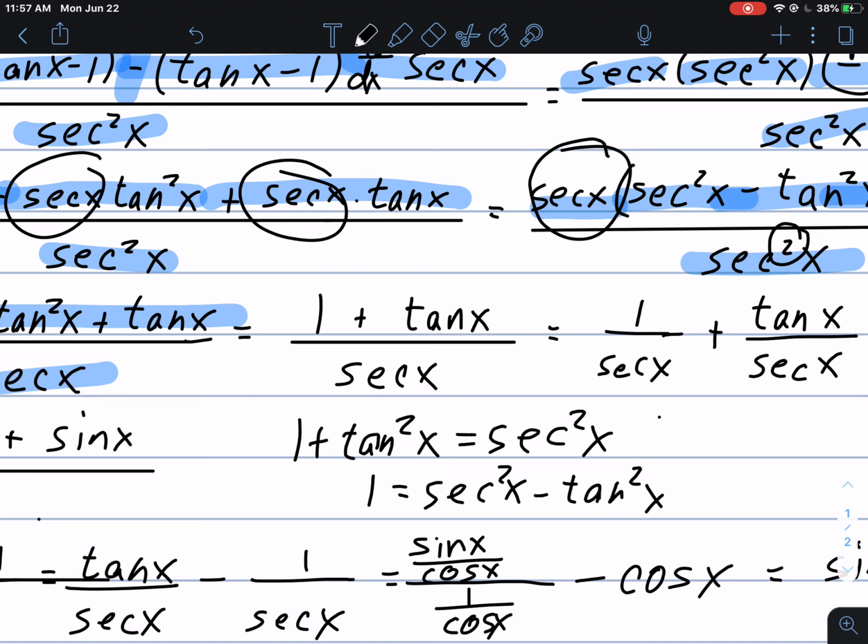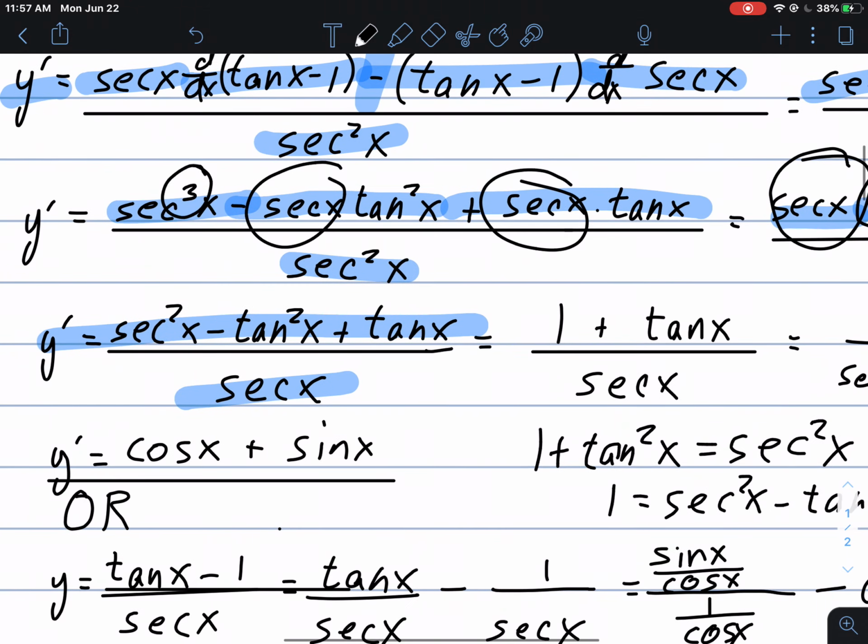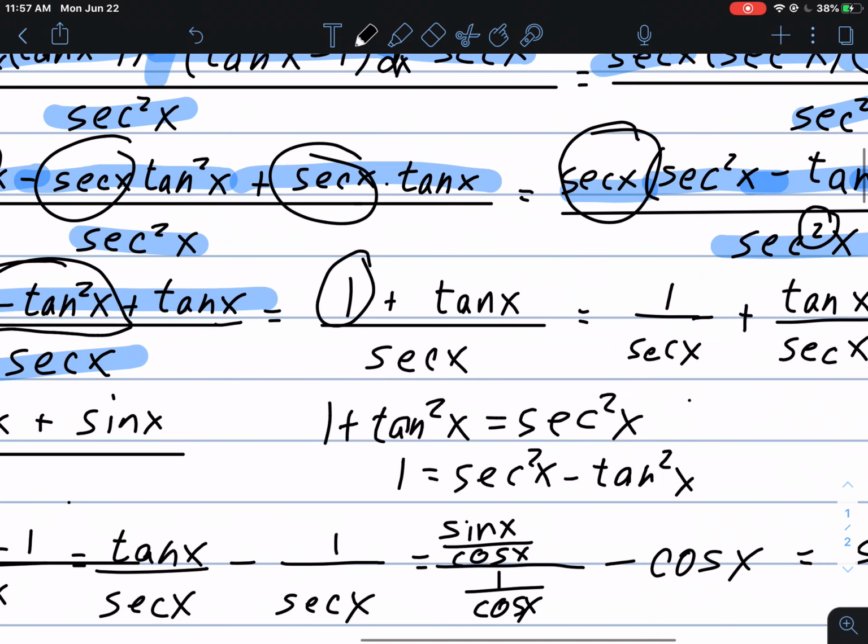All right? It's not the calculus. It's the algebra. It's the trig. So I can take this secant squared minus tan squared here, and I can replace that with 1. That's an identity. Plus, the tangent, that's already there. So that's where that 1 came from. It was using the Pythagorean identity, so I've got 1 plus tangent over secant.